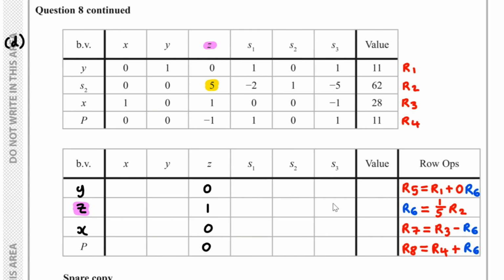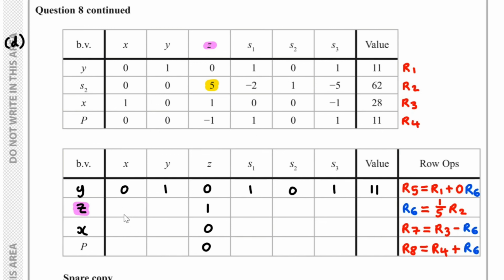So now if we perform the row operations, I take row 5, and then this is going to be the same as row 1, plus 0 lots of row 6. In other words, I just copy down row 1. So I have 0, 1, 0, 1, 0, and 1 and 11. For row 6, I need to divide each of these by 5.